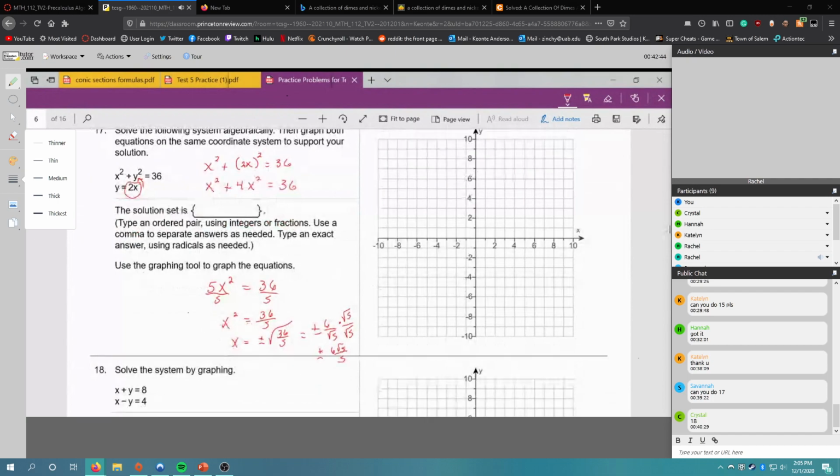So y is going to be 2 times 6 square root of 5 over 5, which is 12 square root of 5 over 5. And it's also going to be 2 times negative 6 square root of 5 over 5.